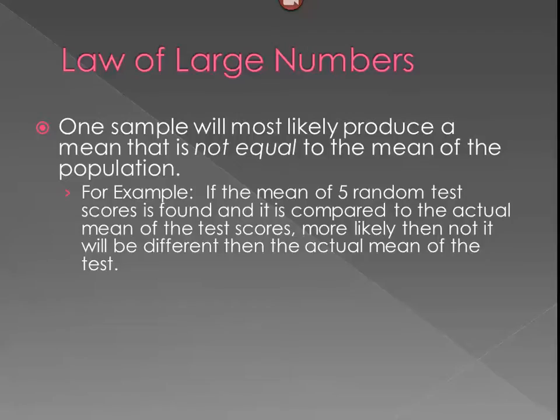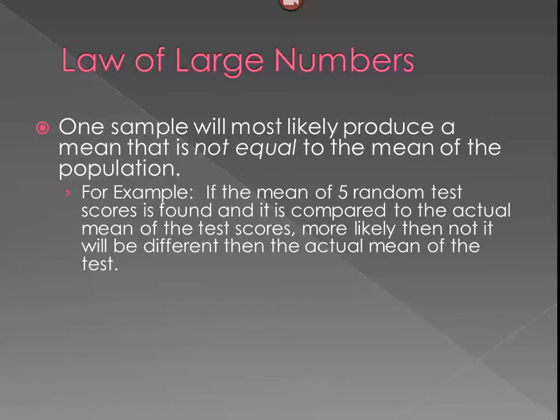And if I were to pick 5 people at random from our class and found the average that they got on the last test, and so averaged all 5 of those scores, we would probably see that that number would differ from the true population number, which would be the mean of everyone's scores who took the test. So more likely than not, we know that sample number is going to be different than the actual population number.